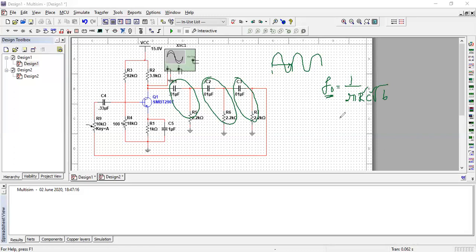So according to this circuit, R is 2.2 K and the capacitor value is 0.01 microfarad, into root 6. Here we are going to get 2.95 kilohertz, approximately 3 kilohertz. So we designed the circuit to generate a frequency of 3 kilohertz.